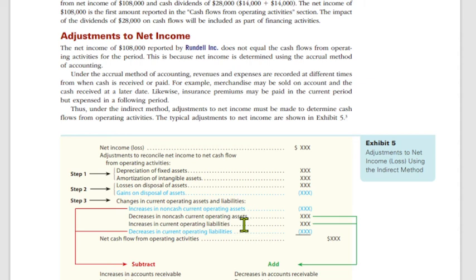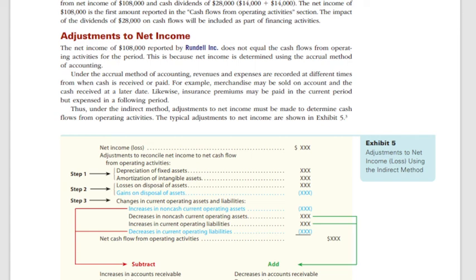Okay, let's proceed now with the increases in current operating liabilities. Ano ba yung current operating liabilities? O di yung mga accounts payable, accrued expenses, and the income taxes payable. Kapag nag-increase yung current operating liabilities, ibig sabihin, nangutang ka.